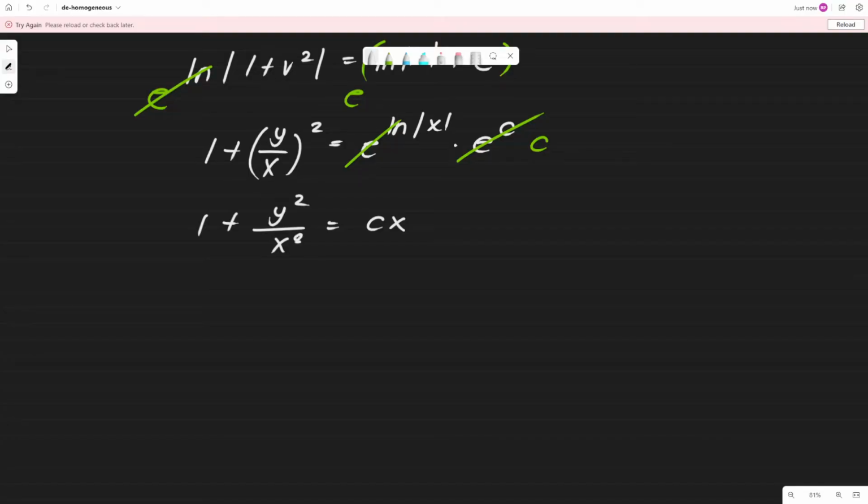Tapos, this is squared. Tapos since kailangan nga lang natin is the y squared alone, let's multiply both sides by x squared to eliminate the denominator. So, we'll have x squared plus y squared is equal to c x cubed. Then, lipat ko si x squared sa kabila, so magma-minus ako dito.